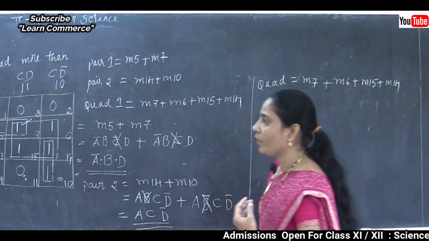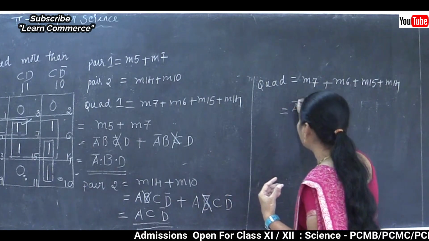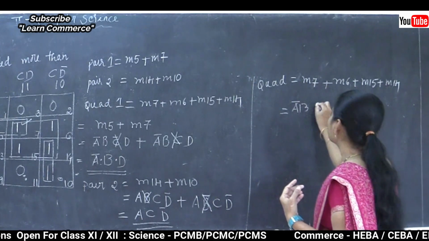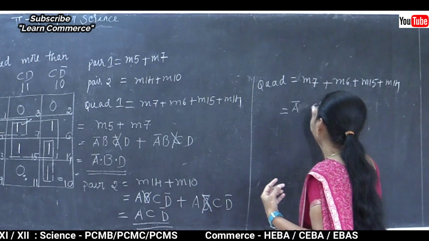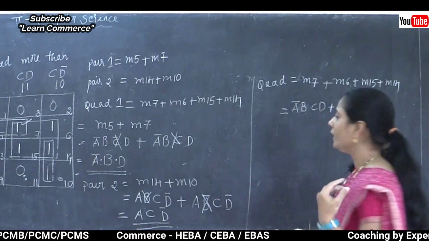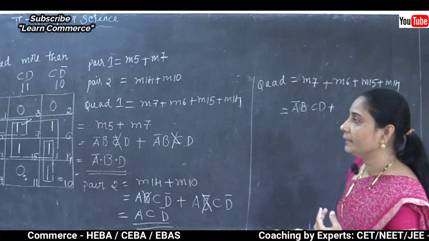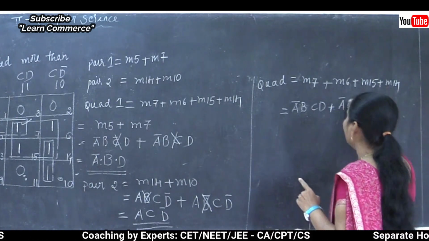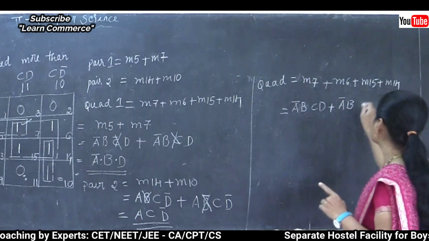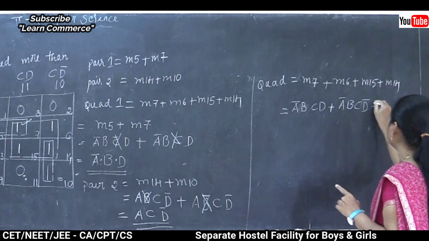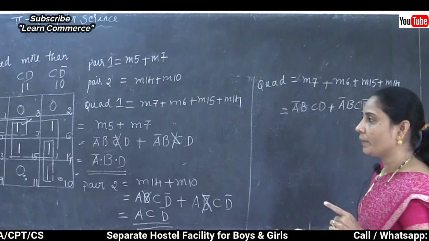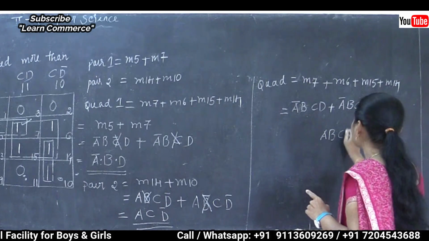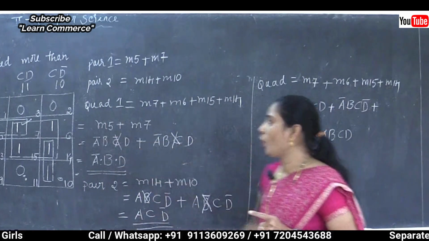Now the 7 value I want to take. How am I taking it? The left side value, that is complement A, B, and C, D. So complement A, B, C, D here, and later the 6 number value as it is: complement A, B, C, complement D. Plus I want to take the 15 number value, which is A, B and C, D, the left side value and the top side value.